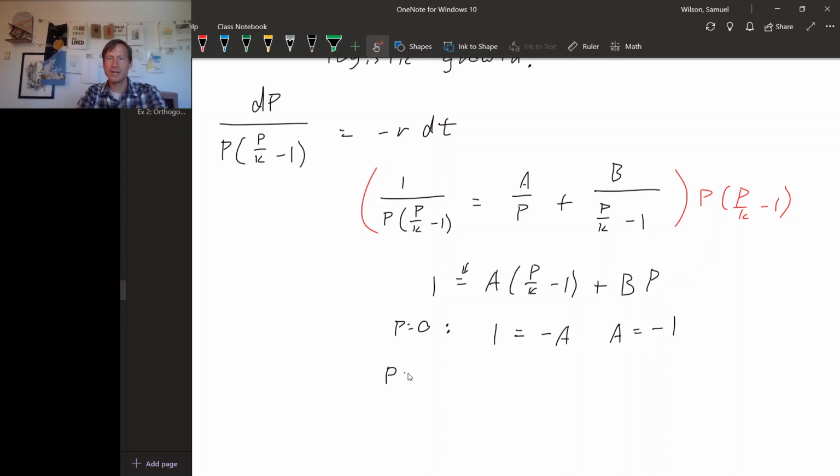And when we plug in k, we get 1 equals, now plugging in k for p makes this first part in parentheses 0, so the A part goes away, and we're just left with B, so we get k times B, and that means that B is 1 over k.